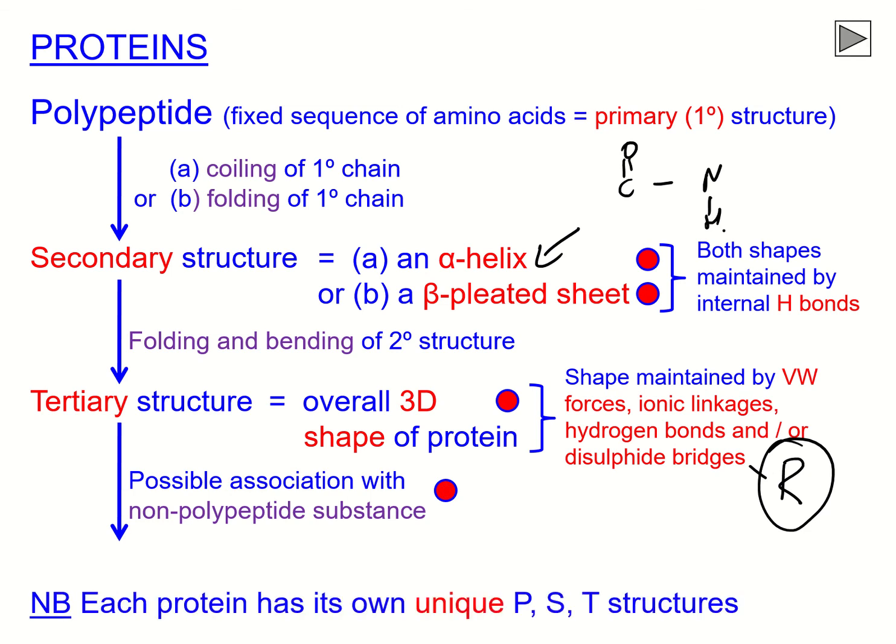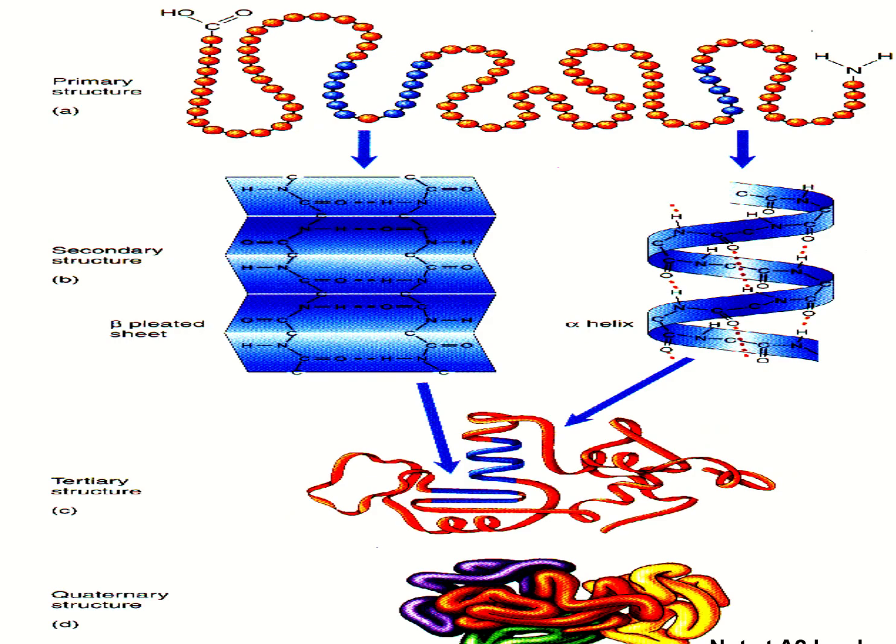And those three different things are primary, secondary, tertiary, and you will need to know those. So I've kind of given a bit of a diagram here of it. Okay, primary, simply the sequence of the amino acids in the protein. Secondary, and it's probably a little bit hard to see here with the colour of another diagram, there's the COO of one amino acid and the NH of another, and you can see we've tried to show there the dotted line, the hydrogen bond in it, and the same over here.